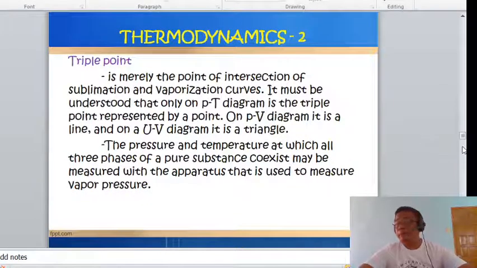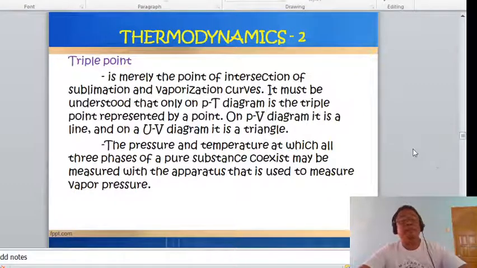So another, we have the triple point. It is merely the point of intersection of the sublimation and vaporization curves. It must be understood that only on the PT diagram is the triple point represented by a point. On the PV diagram, it is represented by a line, and on the internal energy versus volume diagram, it is represented by a triangle.